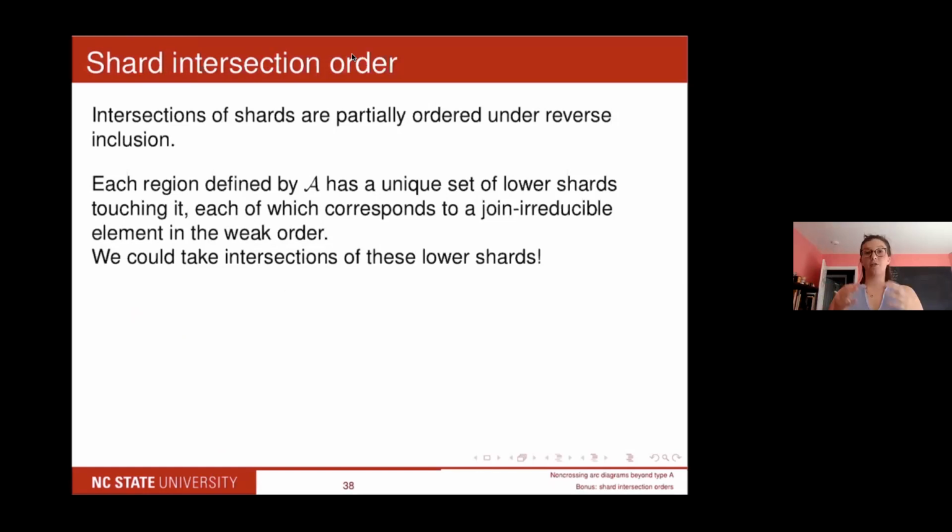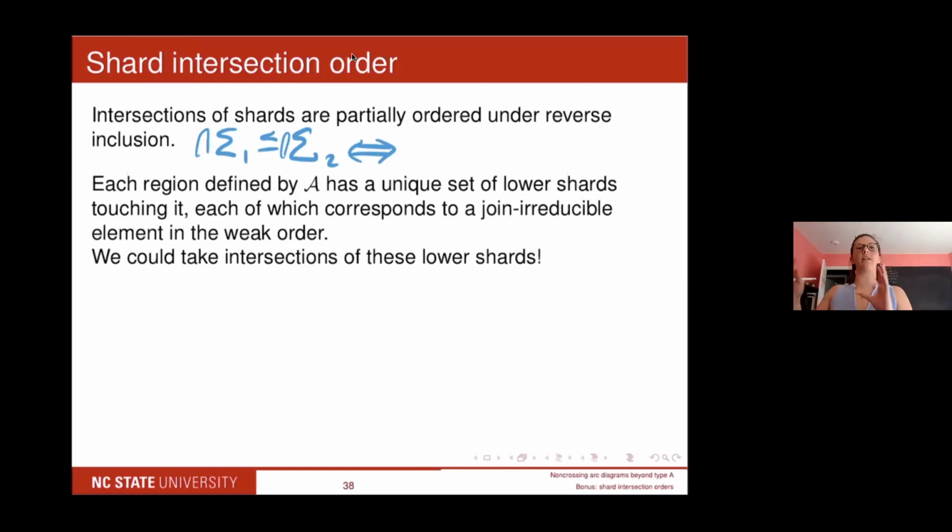So intersections of shards are partially ordered; we can partially order them under reverse inclusion. Just to be clear notationally, we can think of sigma 1 is less than sigma 2. Sigma is the notation used for shards, and this is true if and only if, well, we're going to take intersections.